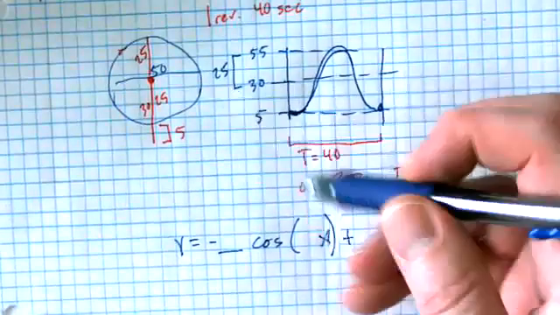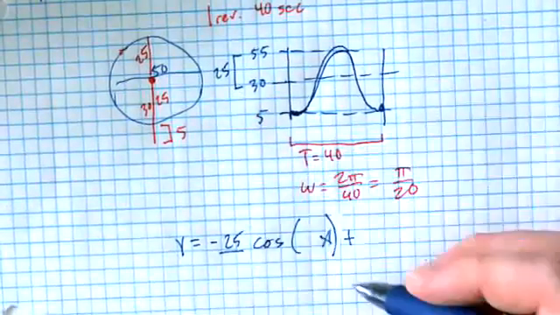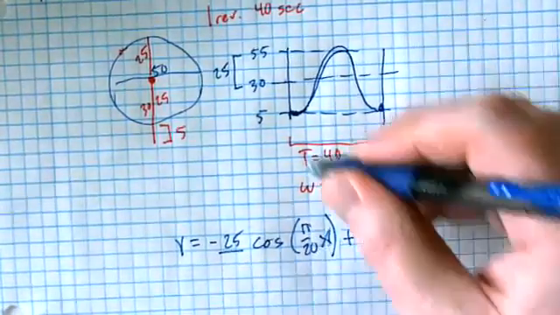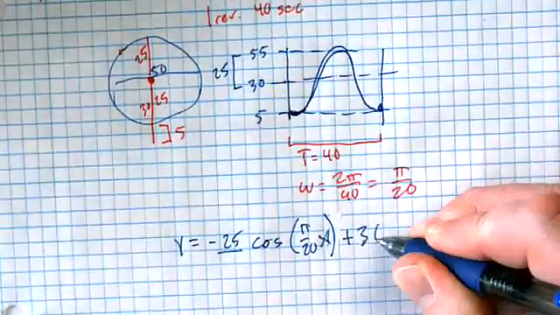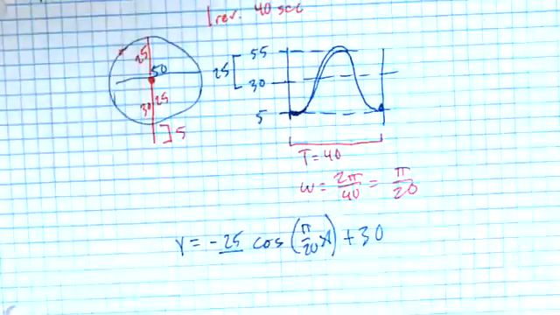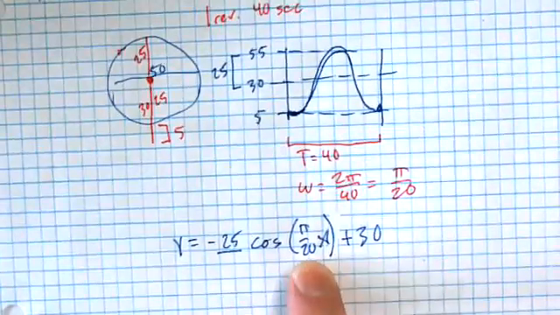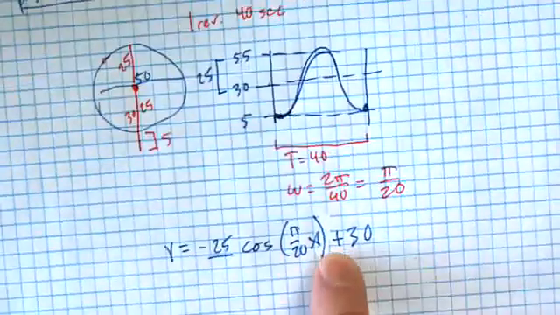So amplitude was 25. Omega was pi over 20. Vertical shift was 30. Sound good? So we want to know when this is equal to, was it again 50 feet above the ground? Yeah, we want to know when this is equal to 50.